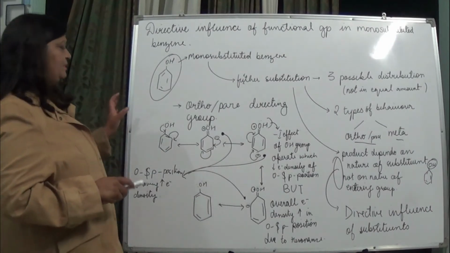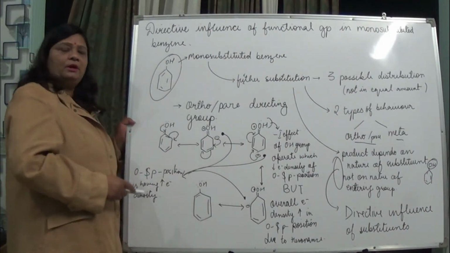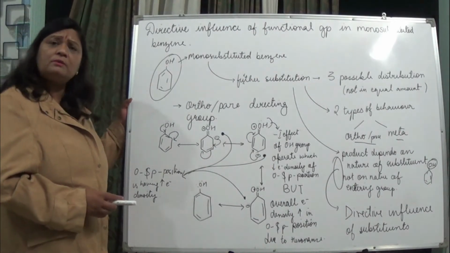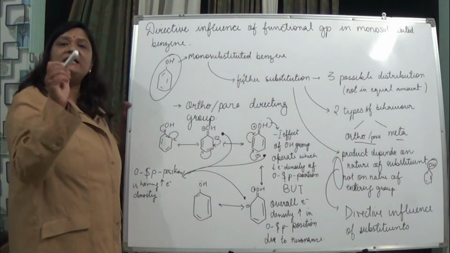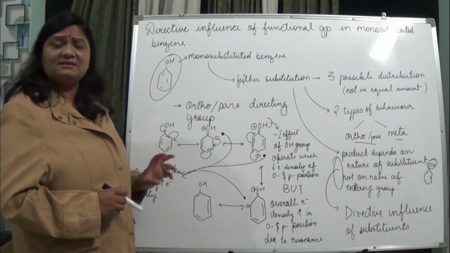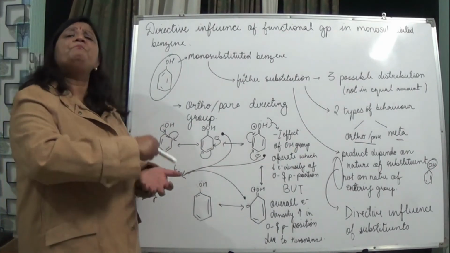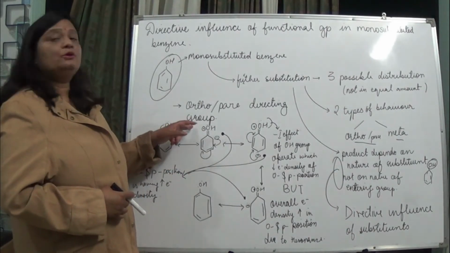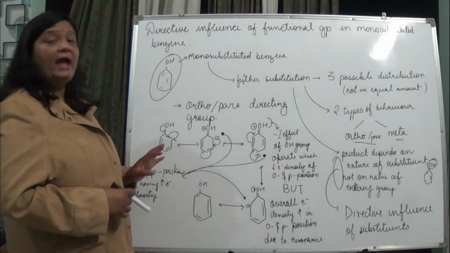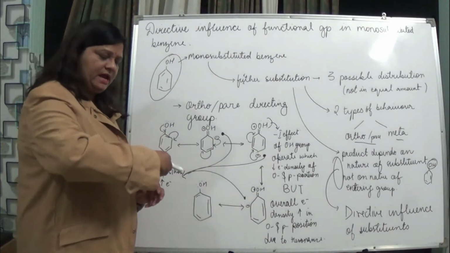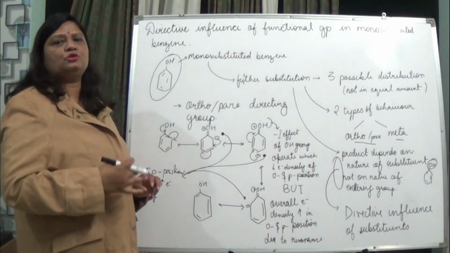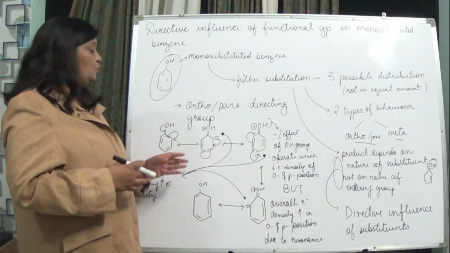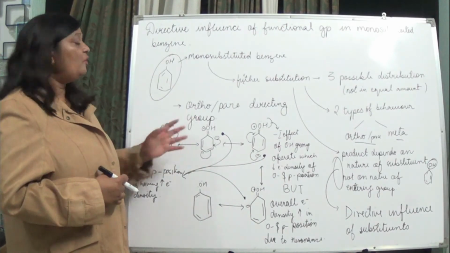But this is the OH group, and we have studied that the OH group has a minus I effect, and if it has a minus I effect, naturally it should draw electrons from the benzene ring towards itself. And if it is taking the electrons from the benzene towards itself, if the direction of the electrons is from the benzene ring towards this OH group, what will happen?